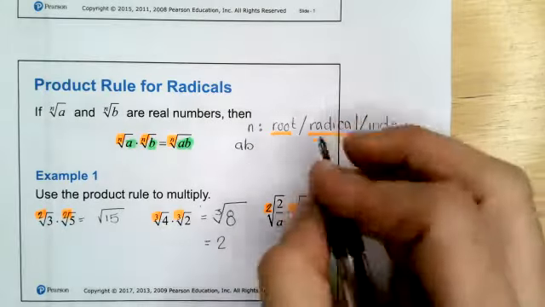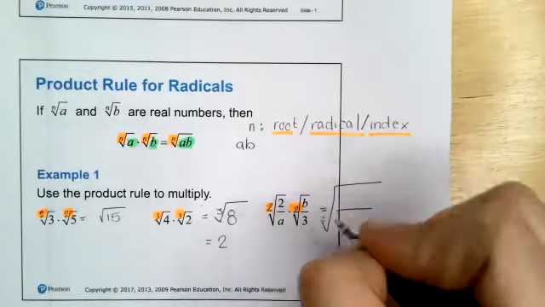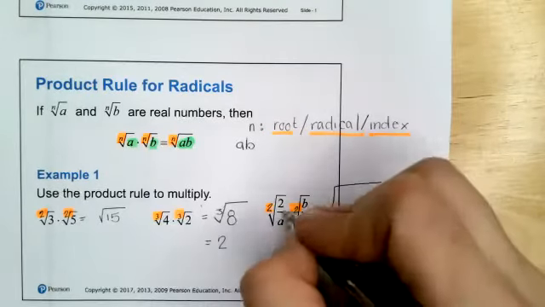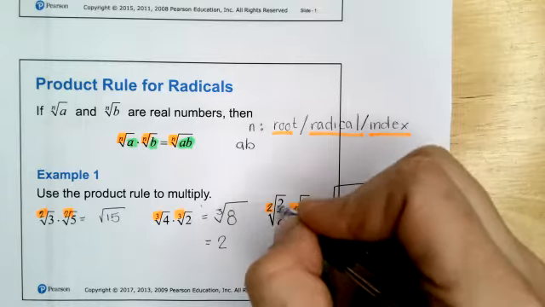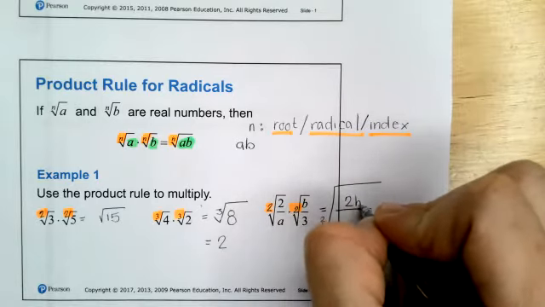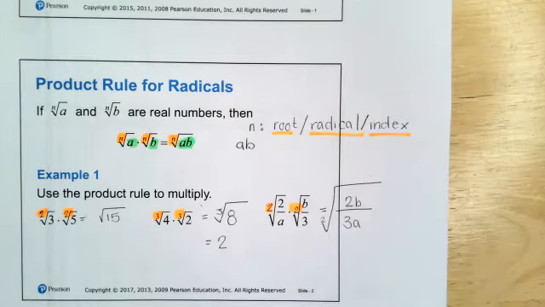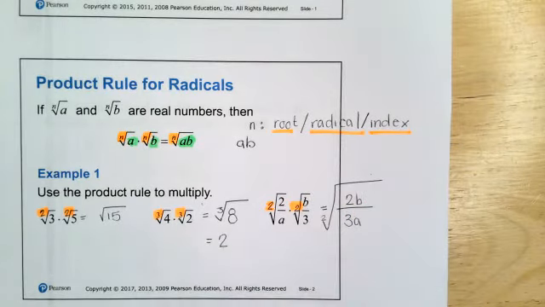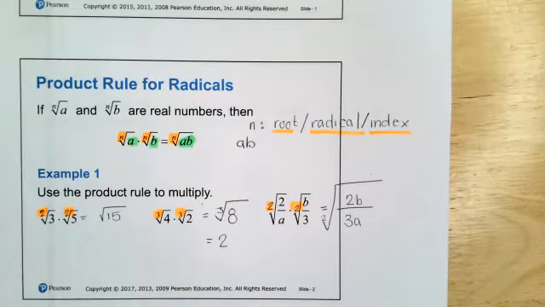So because that 2 is consistent with both of them, we can just call this the square root of and multiply it straight across. 2 over a times b over 3 is 2b over 3a, just multiply straight across. Radicals don't change the rule for multiplying fractions. The rules for radicals do not change if there are variables.